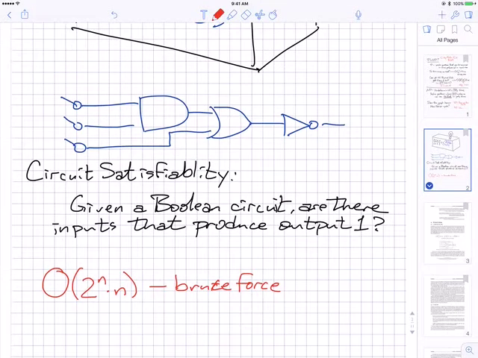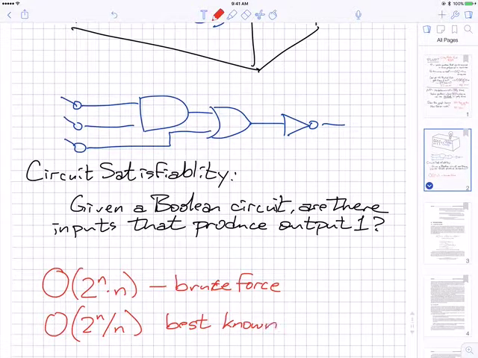The best algorithm known for this problem is a little bit faster, but only a little bit. Okay? So, no, you don't want to take this bet. Unless you want to bet that you're smarter than every mathematician in the last 100 years. Okay?